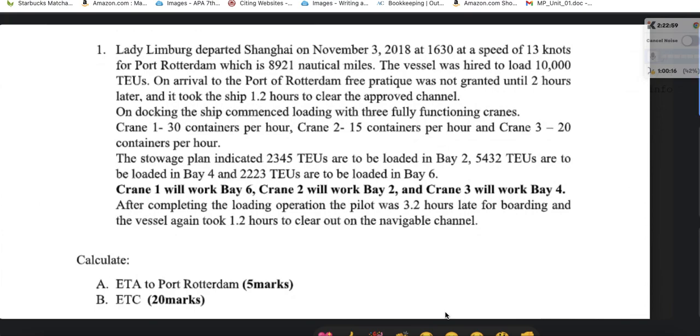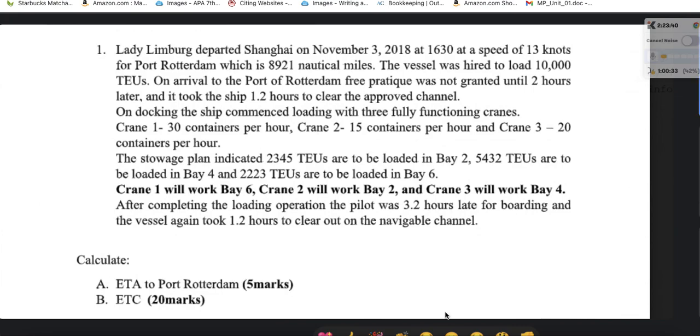So you're going to add 2 hours to 0200 plus 1.2 hours. But remember, you cannot add 0.2 of an hour, so you have to work that out. 0.2 times 60 is how much? 12. You're going to add 1 hour and 12 minutes.